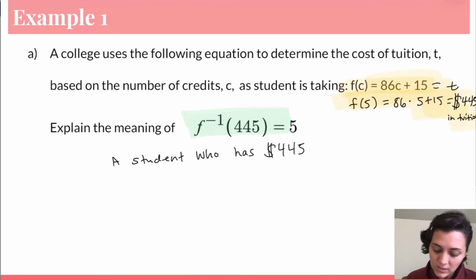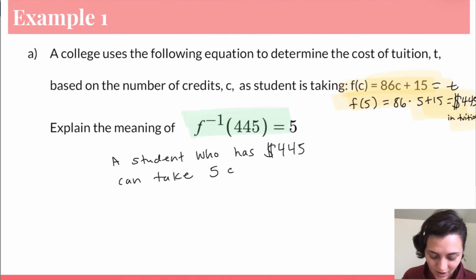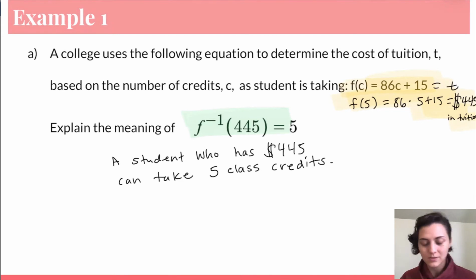So now a student who has $445 can take 5 class credits. Okay, so that's the way we would rewrite that inverse equation in words.